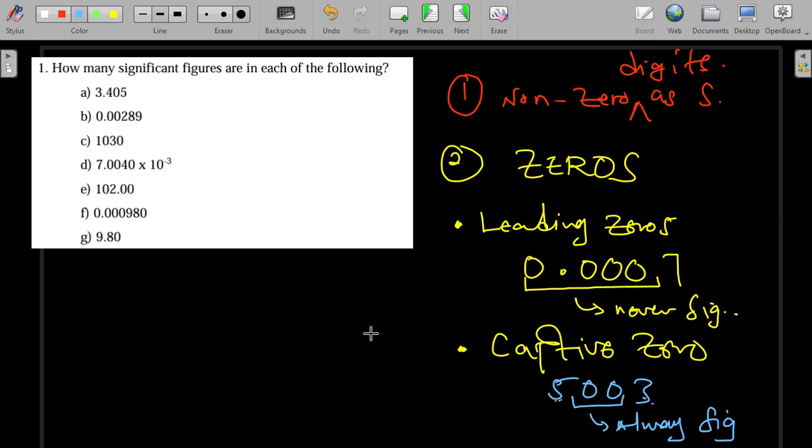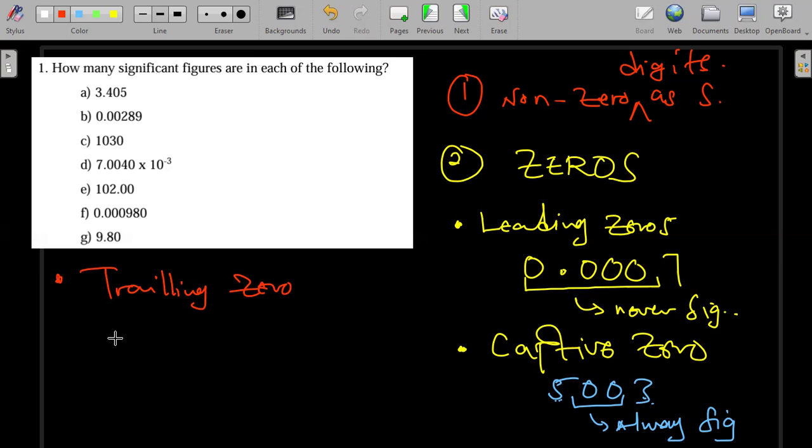Then we have the other type of zero, which is classified under 2 categories. The other type of zeros is what we call the trailing zeros. These are zeros that come after a non-zero digit.